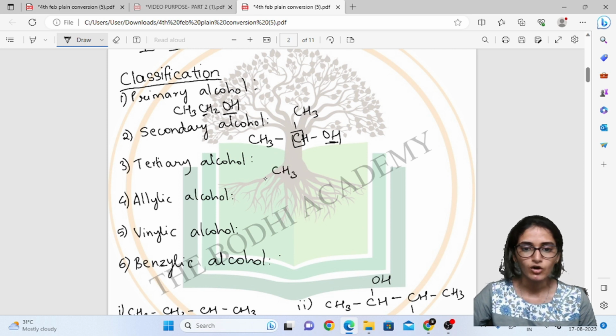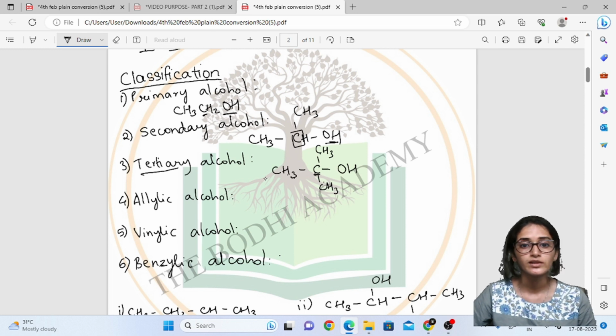Now you all have some idea how to write primary, secondary and tertiary alcohol according to the groups which are attached. The alcohol is attached to this carbon and this carbon is further attached to three more carbons. So that's why the name here will be tertiary alcohol. So these are the examples of primary, secondary and tertiary alcohol.